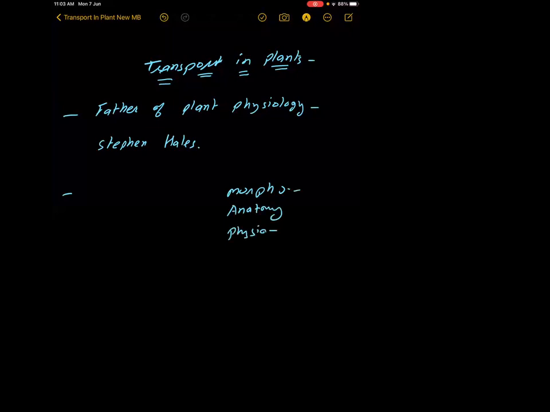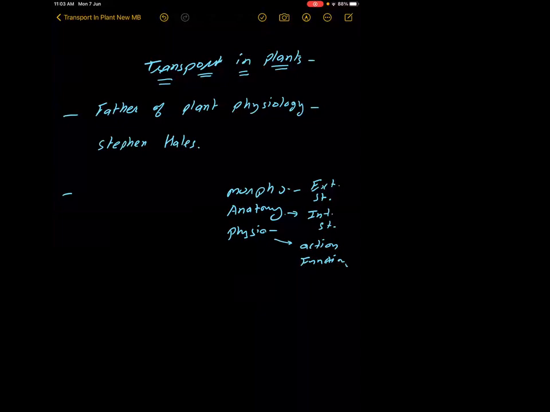Morphology means only outer structure, external structure: size, shape, or different external structures.